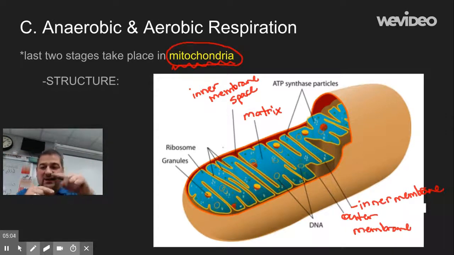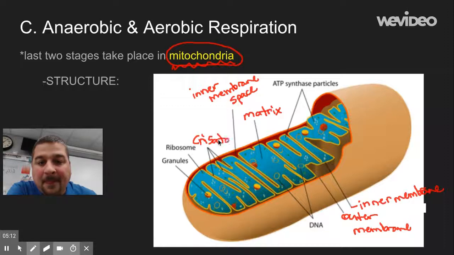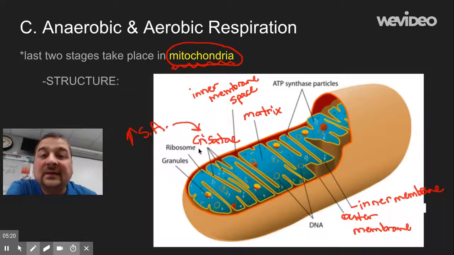It actually has these little folds in it to increase the surface area. These little folds we call cristae. The purpose of the cristae is to increase the surface area for some of these processes that we're going to talk about. So here's the general structure of the mitochondria, and in the next couple of stages, I'm going to refer to where these different steps take place.